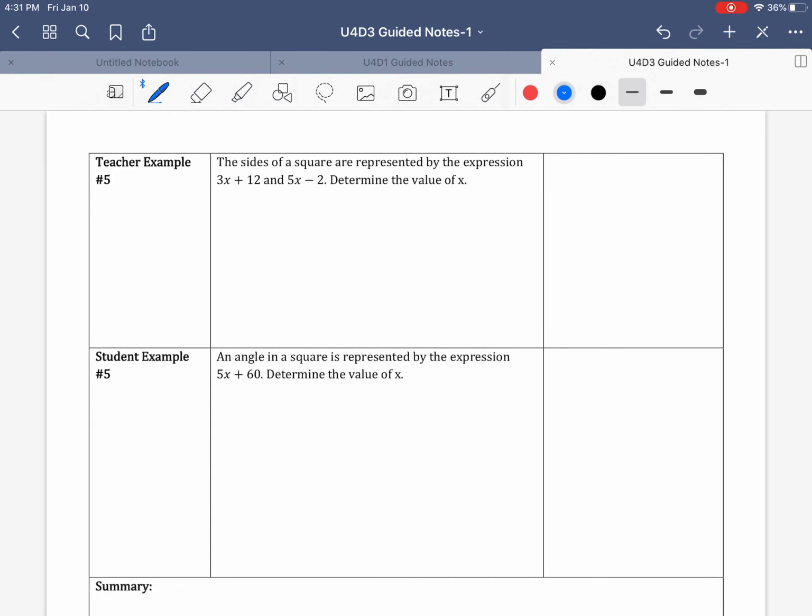So here we have the sides of a square that are represented by the following equations: 3x plus 12 and 5x minus 2. We know that all your square sides are congruent. Therefore, we know that 3x plus 12 equals 5x minus 2.